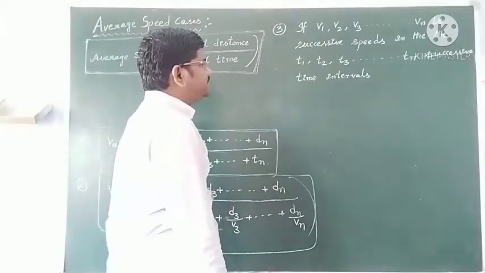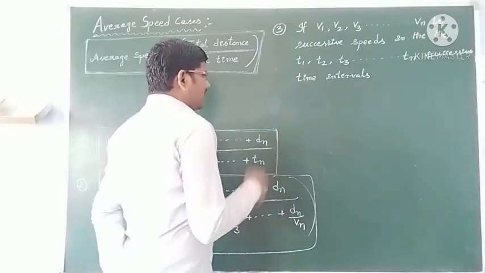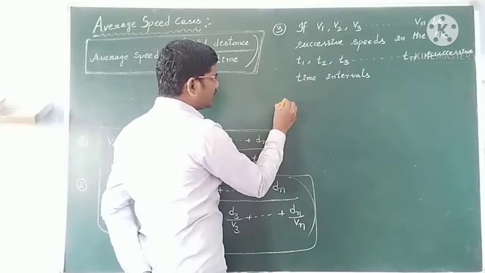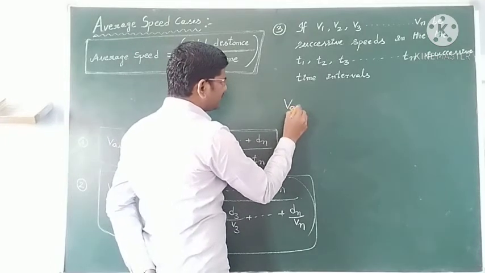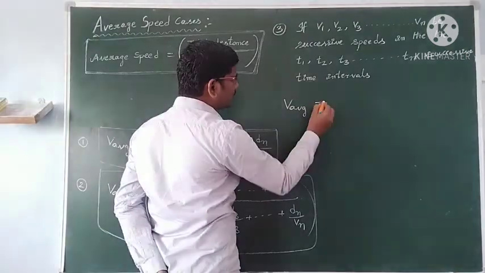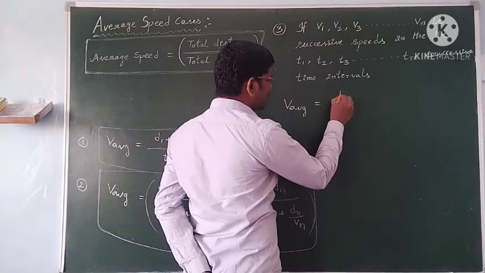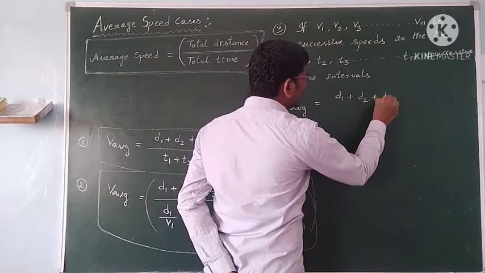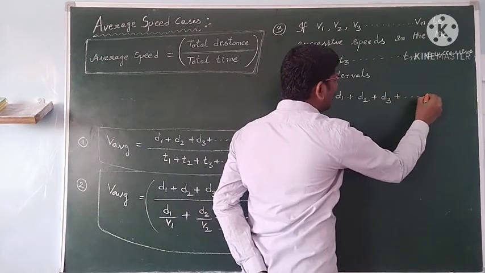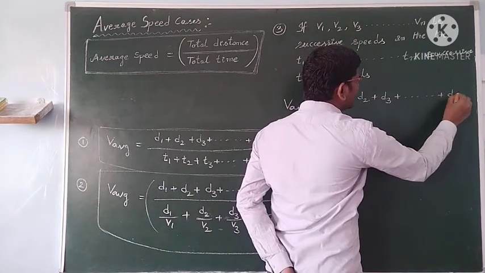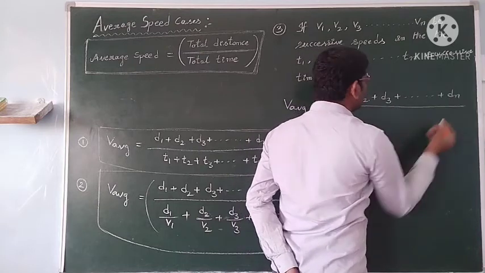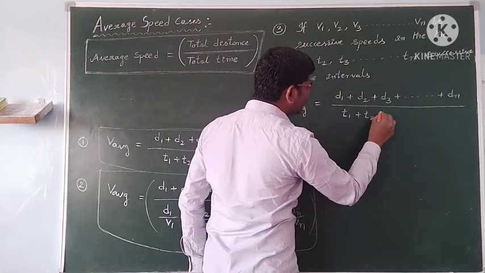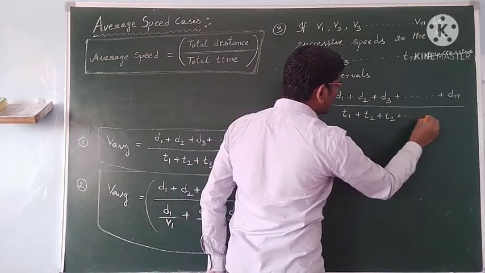Okay, students. Whenever we want the average speed formula, what is that? Average speed, V average, is equal to total distance, D1 plus D2 plus D3 and so on plus Dn, by total time taken, T1 plus T2 plus T3 and so on Tn.